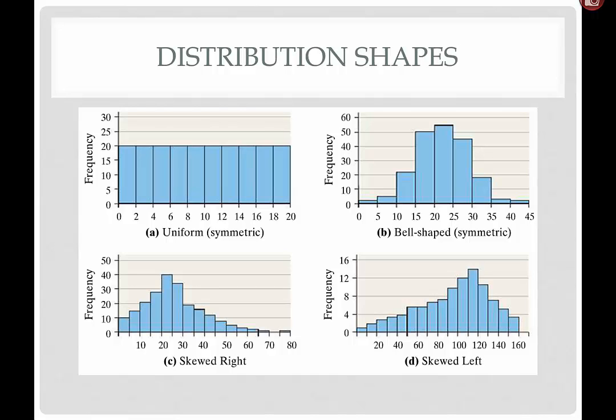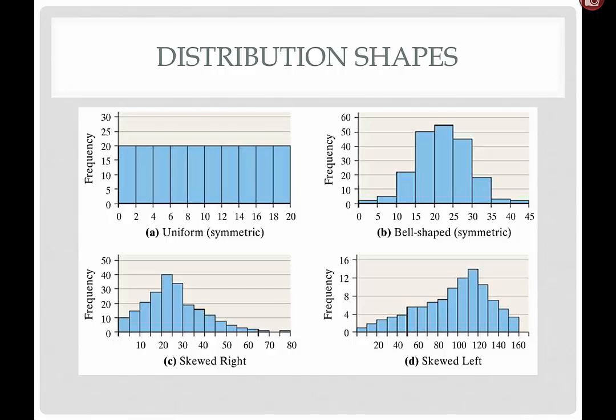That's symmetric also. But we also call that the normal curve because it starts out pretty small, it increases, and then it reaches a peak and then comes down. And it's pretty symmetric. You could draw a vertical line down the center and fold it in half, and it would line up pretty closely with itself.